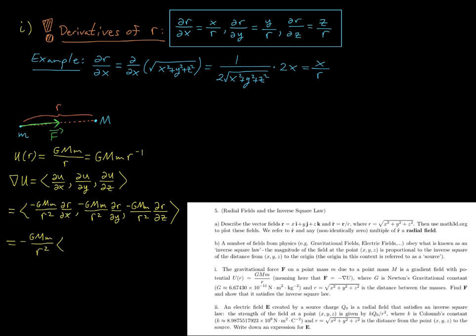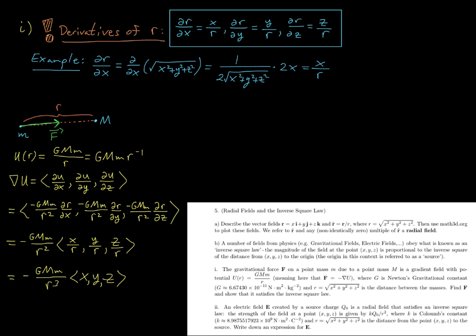The x derivative of r is x over r, the y derivative is y over r, and the z derivative is z over r. Let's factor out that 1 over r. So I get minus GMm over r cubed times this vector x, y, z.